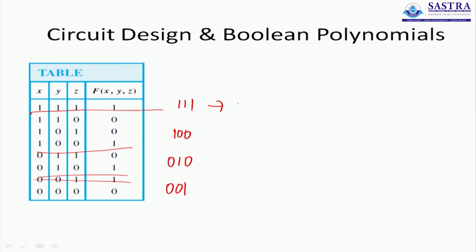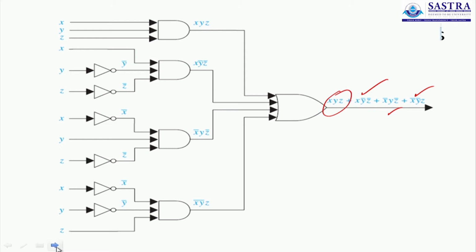This corresponds to all of them in their actual senses. This when y and z are flipped, this when x and z are flipped, and this when only x and y are flipped. So these 4 terms put together will give us the required circuit to control a light, a bulb or something, using 3 different switches.